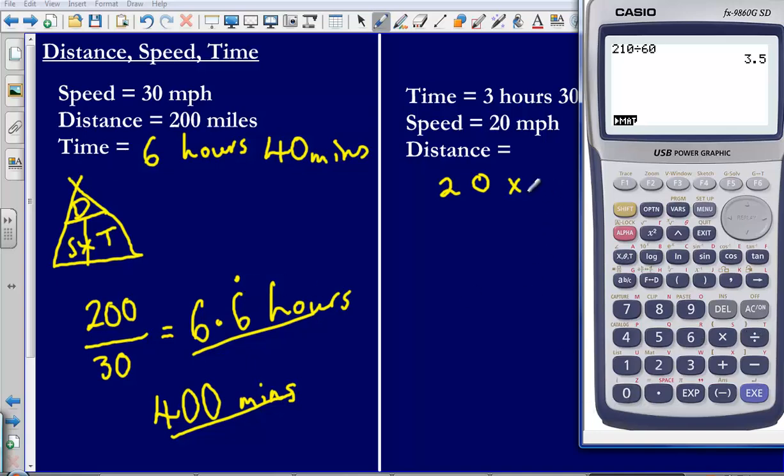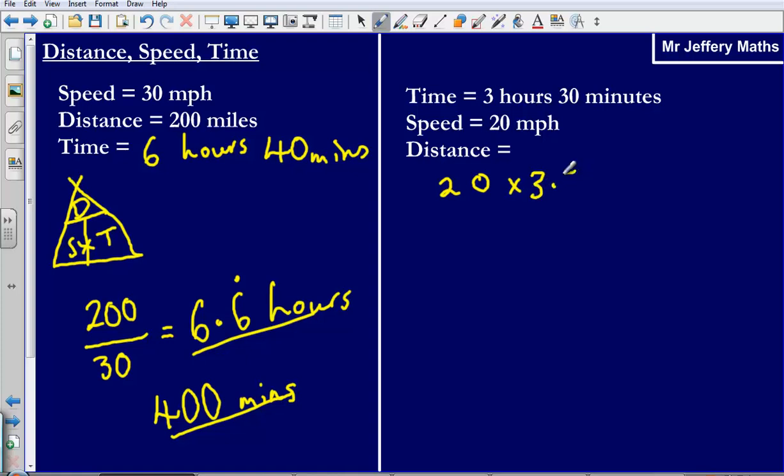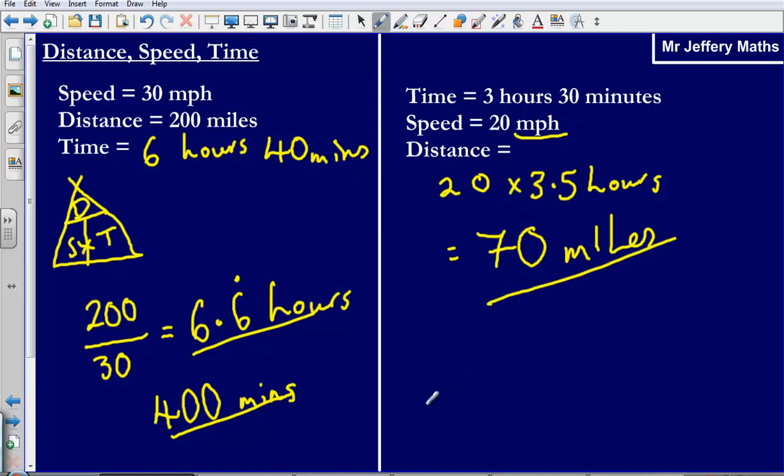So that gives me 3.5 hours. So I'm going to do 20 multiplied by 3.5 hours, and that's going to give me an answer of 70 miles. I know it's 70 miles because I've got miles per hour here. So my final answer is going to be 70 miles.